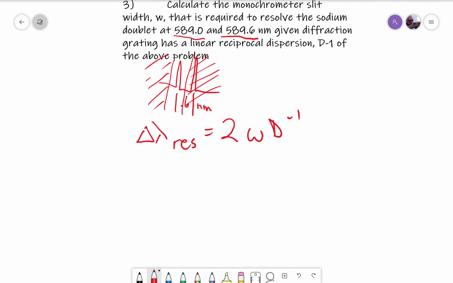Again, all you have to do is plug it in. We're trying to resolve a 0.6 nanometer difference. And we know the d to the minus 1 is still 2.09 nanometers per millimeter.